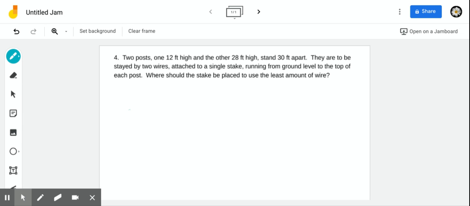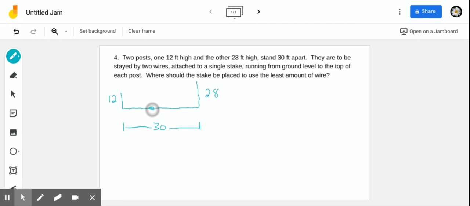So we've got this 12-foot post here. I should probably make that a little bit shorter. Okay. And then there's a 28-foot post over here. And these two things are 30 feet apart. Now we're going to have this wire on each and a single stake.